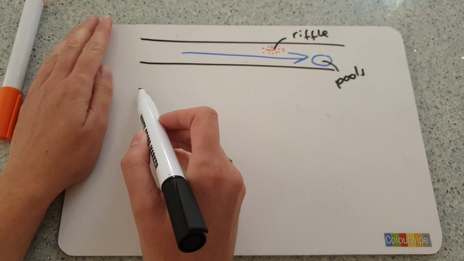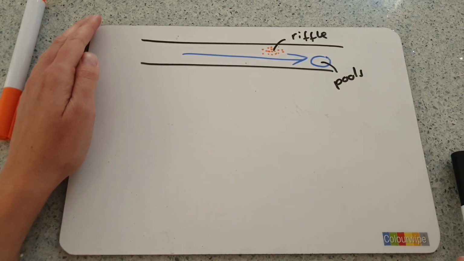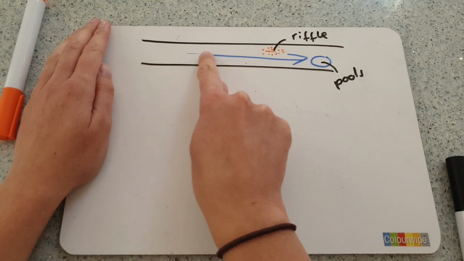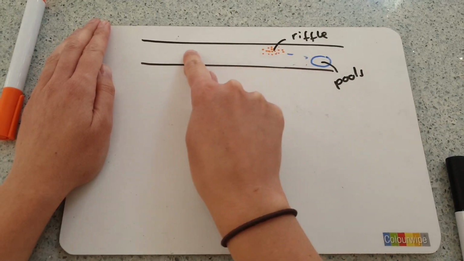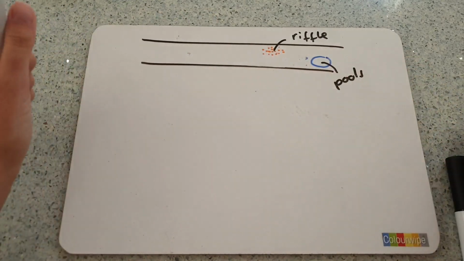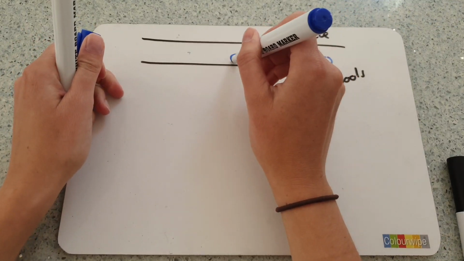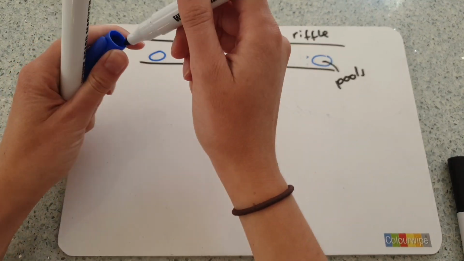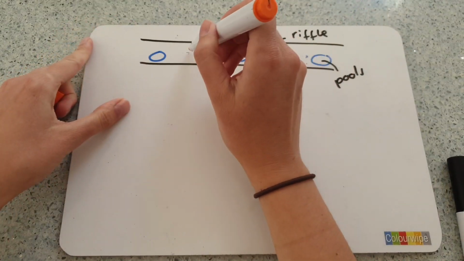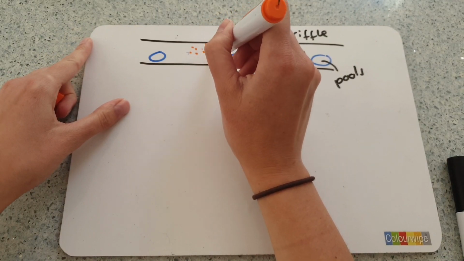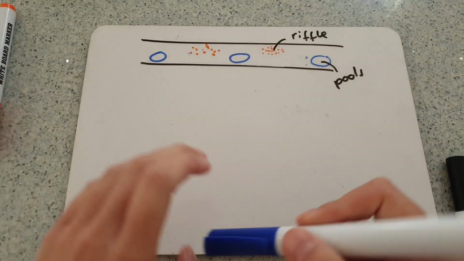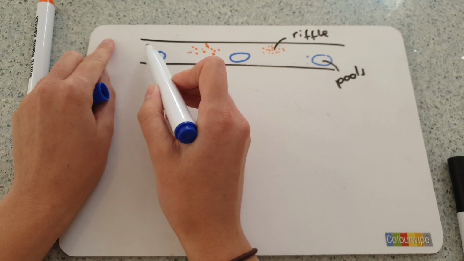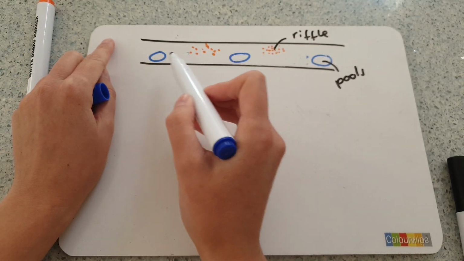So what you end up with over time is a series of pools and a series of riffles, and the water will try to work its way around the riffles and through the pools.